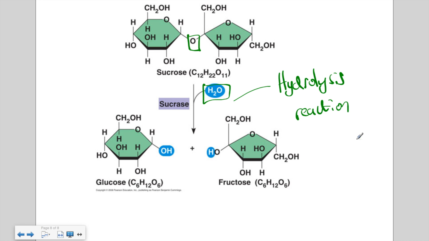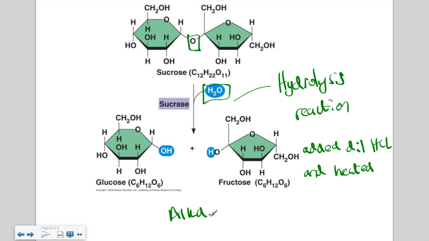In the test, we added dilute hydrochloric acid and heated. We then had to make sure the solution was alkaline, so you needed an alkaline solution for the Benedict's reaction to work, and I think we added sodium hydrogen carbonate for that.